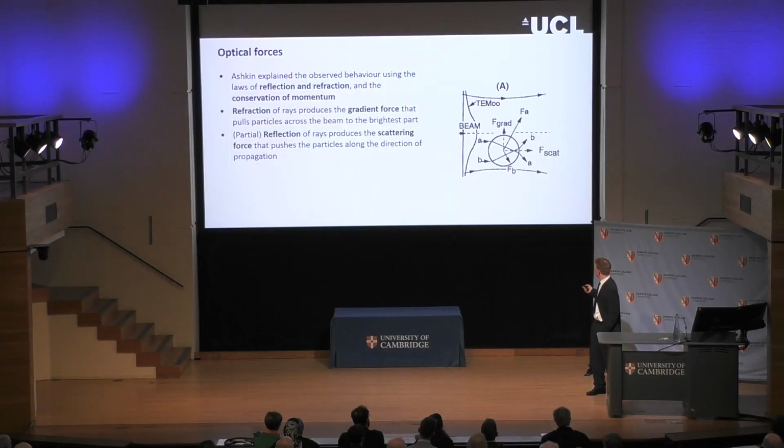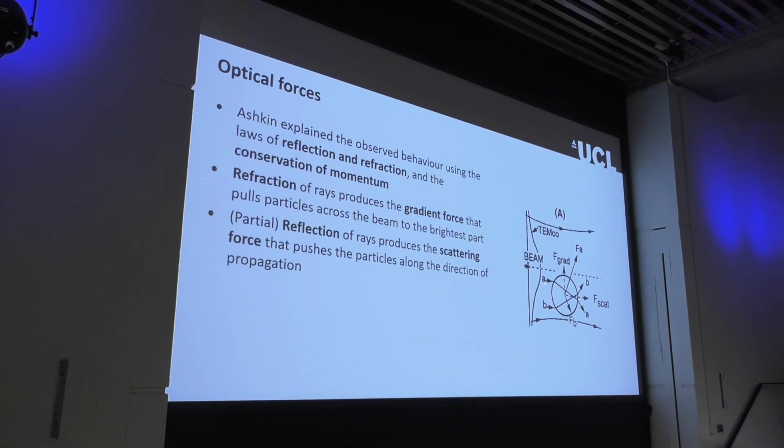There must have been a transfer of momentum from our object, our particle, to the ray. And therefore, Newton tells us there must be an equal and opposite transfer of momentum from the ray onto the particle, as indicated by the arrow here, the force Fa, the force exerted by that ray A on the particle.